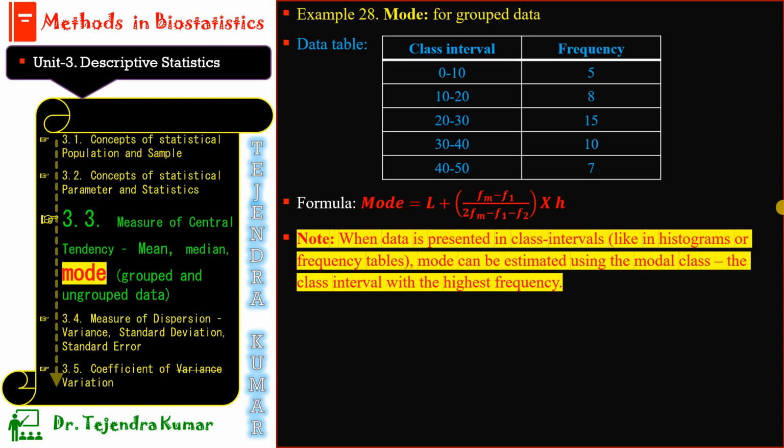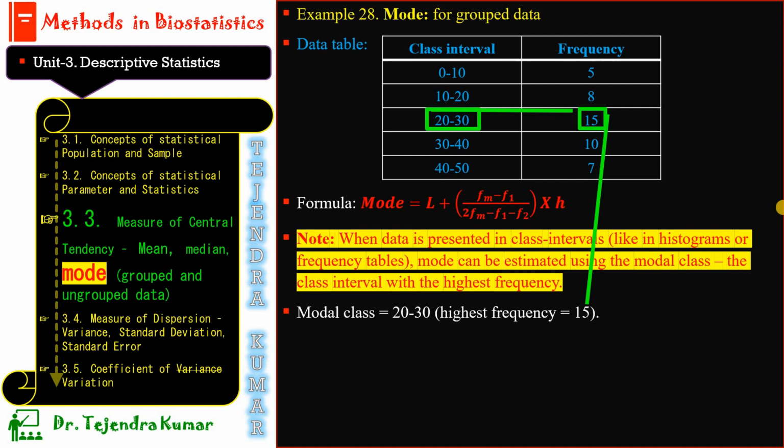When data is presented in class intervals like in histograms or frequency tables, the mode can be estimated using the modal class, the class interval with the highest frequency. So let's understand. The modal class is 20 to 30 because the highest frequency is 15 and the corresponding class interval is 20 to 30.